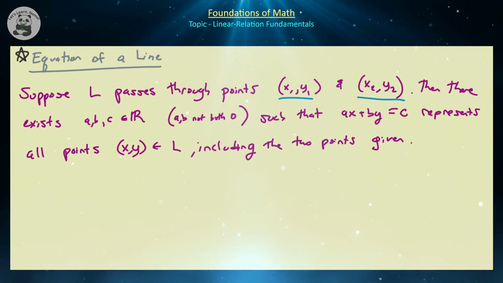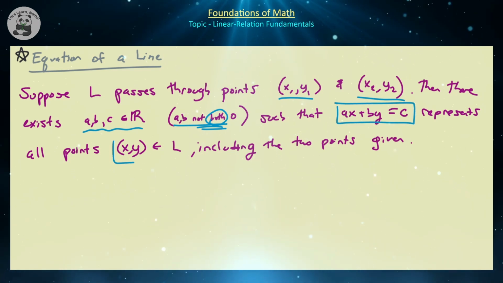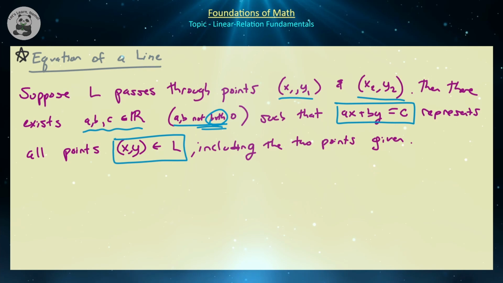Then, if L truly is a linear relation, then there exist real numbers a, b, and c, with the restriction that a and b are not both 0, such that ax plus by equals c represents all points (x, y) in the R2 plane that belong to that particular linear relation, including these points (x1, y1) and (x2, y2) mentioned above.